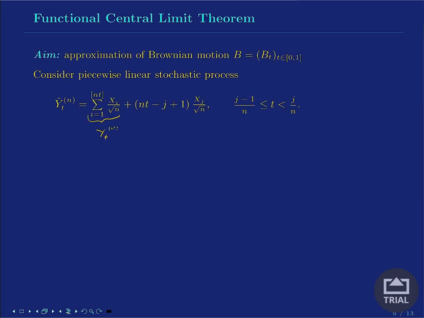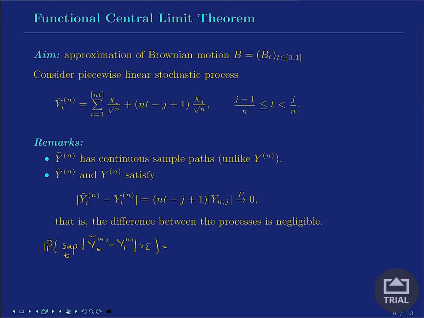So this means that this supremum is attained at one of these values, and there the difference is exactly one of these xj over n.